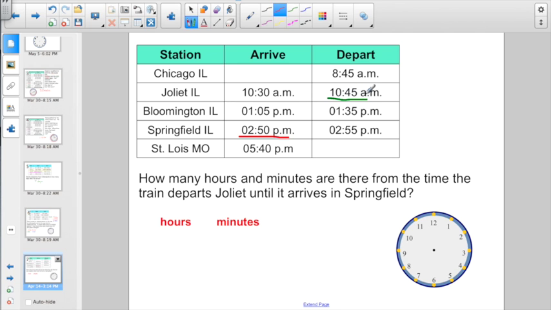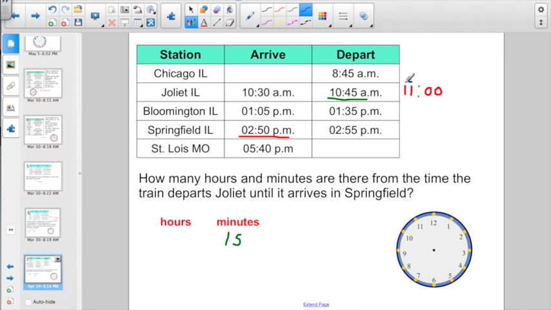So let's first of all figure out the total number of minutes to the next even hour. The next even hour is going to be 11 a.m., right? How many total minutes are there from 10:45 a.m. to 11? And that's looking like 15 minutes, right?